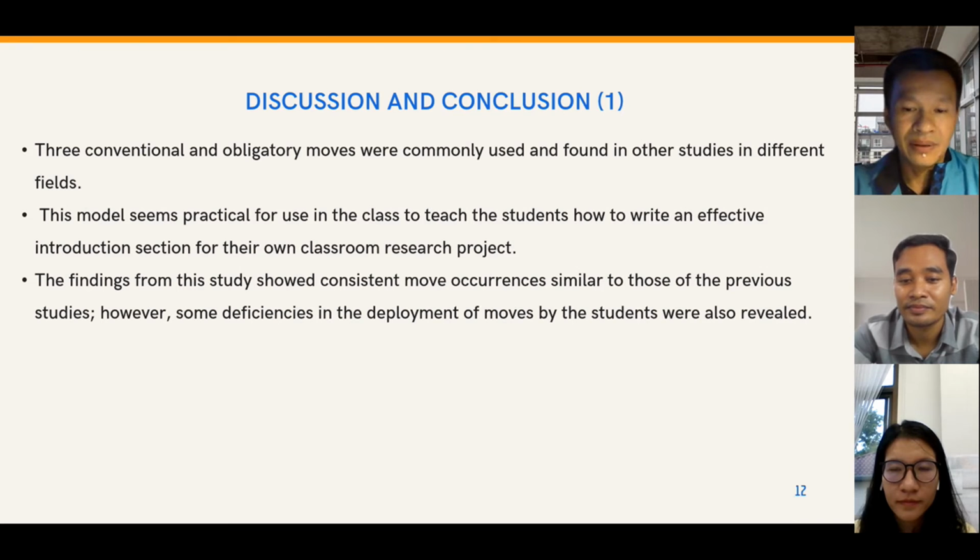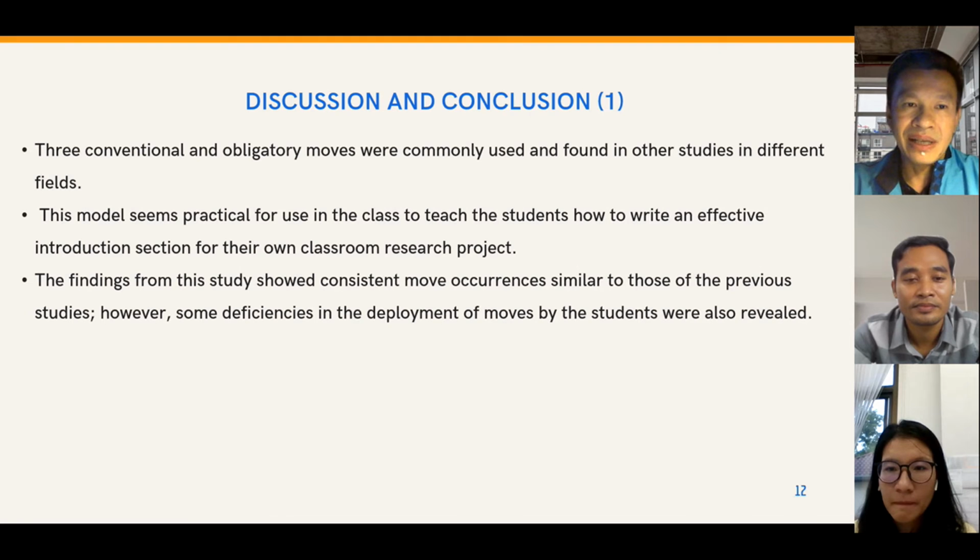So it can be seen from the results that the three conventional and obligatory moves were commonly found in other studies in different fields, which is similar to the move occurrence in this study as well.